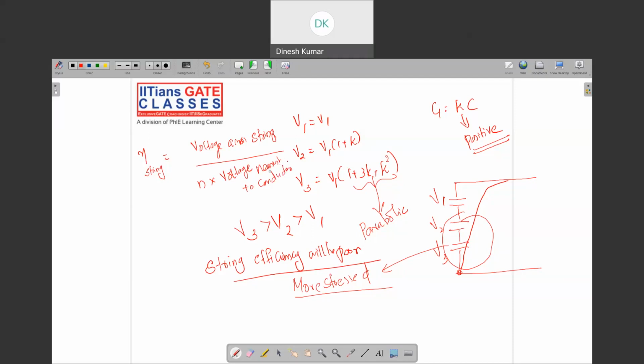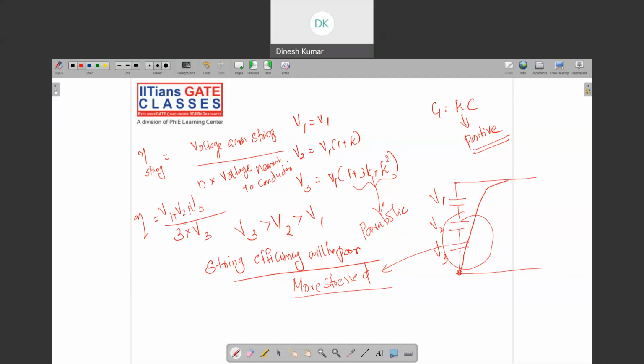All right. If we check here, the string efficiency is the total voltage V1 plus V2 plus V3 divided by 3 times, sorry, the voltage nearest to the conductor, so 3 times V3. This is basically the string efficiency.